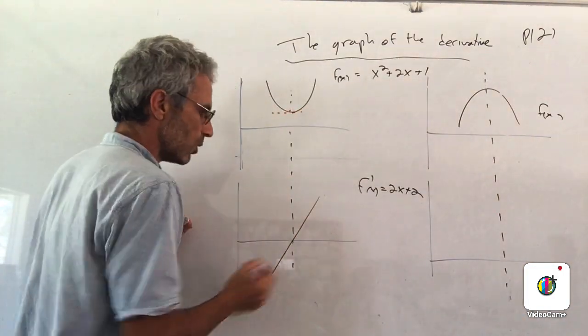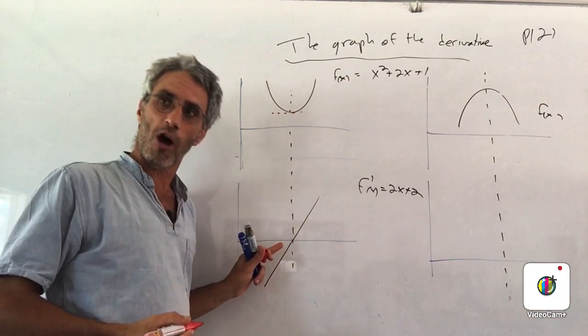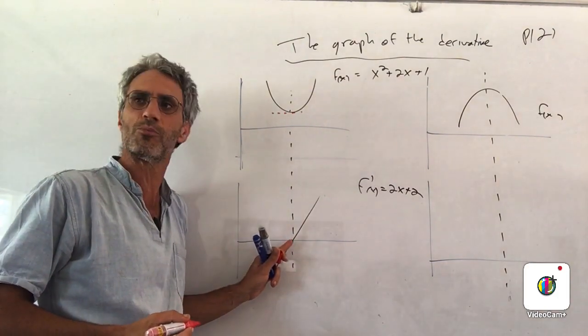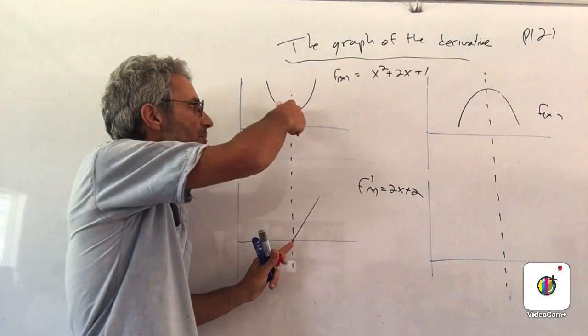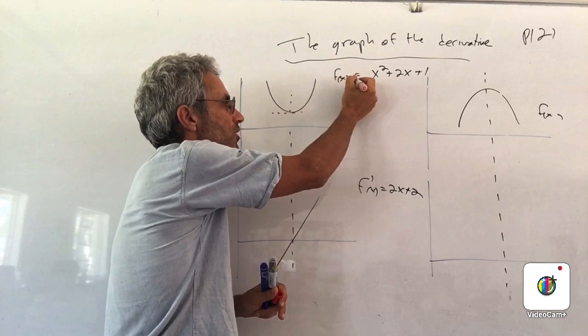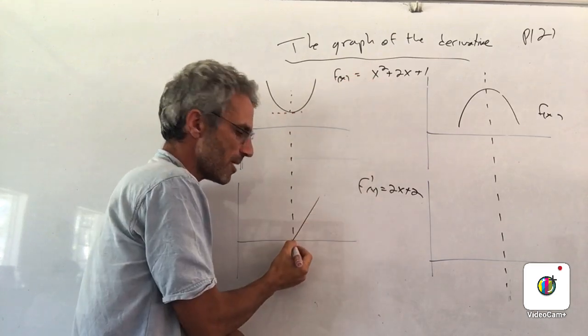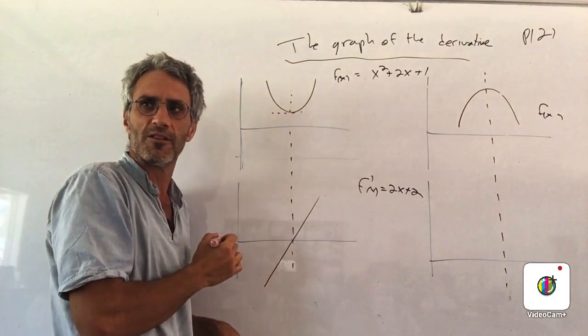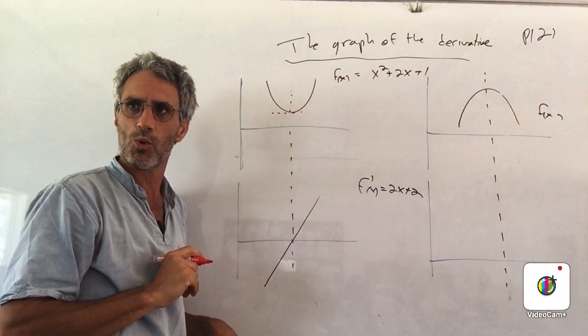It's 0. Therefore, the graph of the derivative must cross the x-axis, because the value here should be 0. It's always going to be the case. A stationary point on the graph of a function is going to be an x-intercept in the graph of the derivative. We're going to write it down in a second, so don't worry about it.